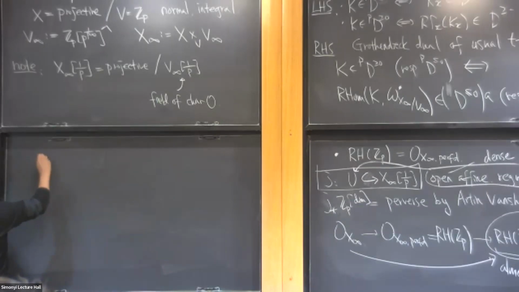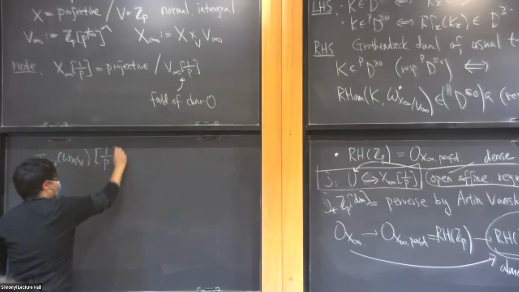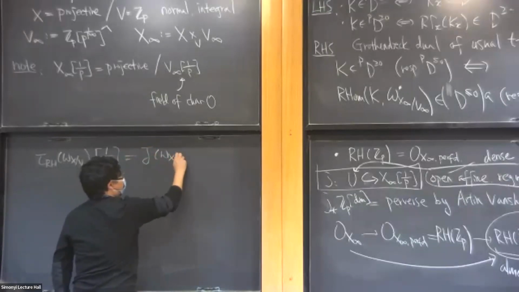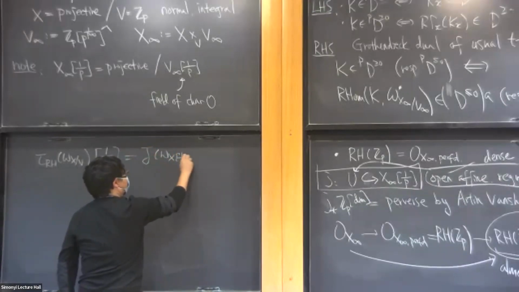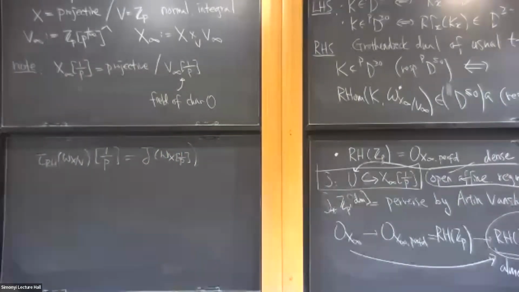If you invert p, that gives you exactly the multiplier ideal. So for points on the generic fiber, you get what you expect.